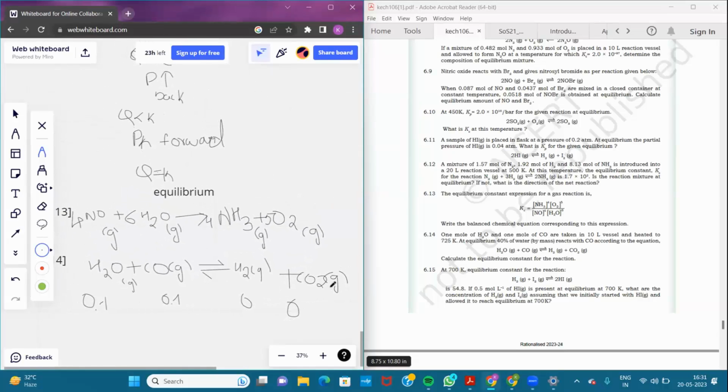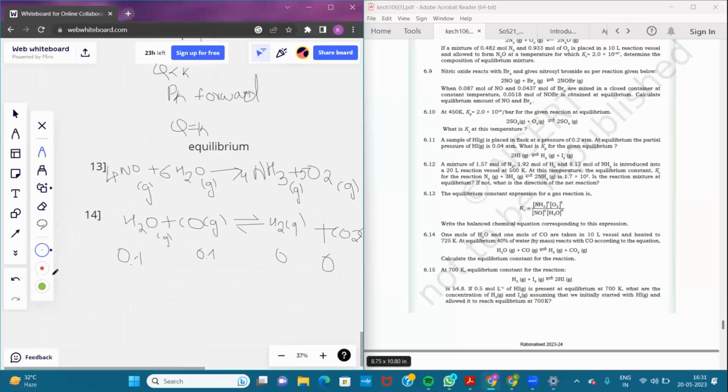Finally, 40% of water is reacted. Initially 1 mole, out of which 40% is reacted, so 0.4 is reacted, but as per the concentration, 0.04 is reacted. Based on this stoichiometry, we can directly write 0.1 minus 0.04.